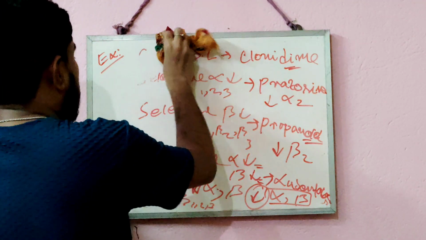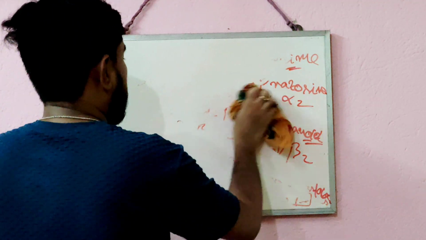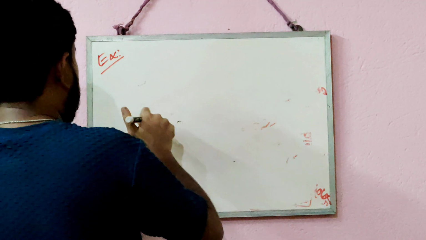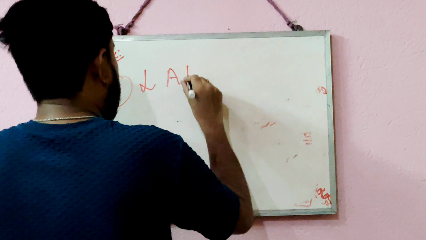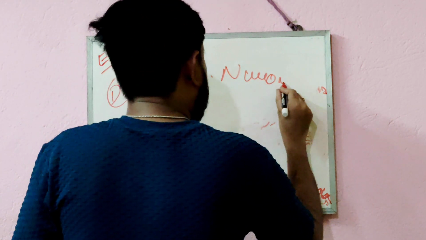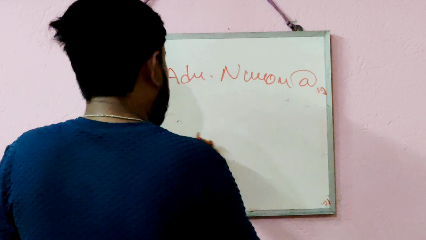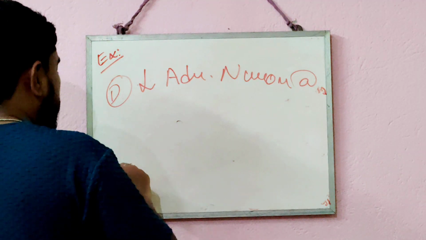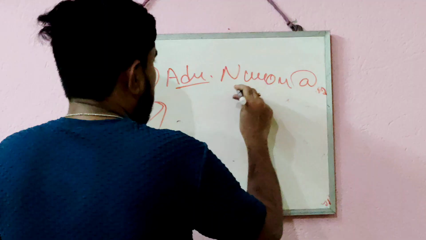One more classification of sympatholytic is directly blocking adrenergic neuron action. Here the drug will not bind with alpha or beta or any other receptor. It will directly inhibit the synthesis of adrenergic neuron action.